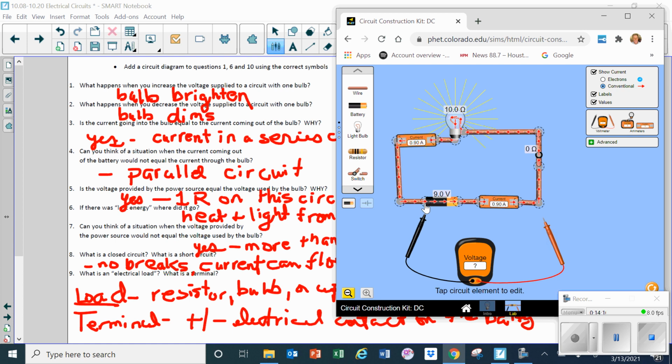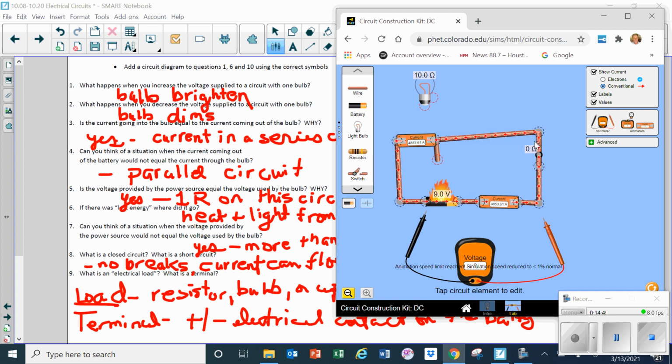Now what's a short? Well, a short is where I have no resistance. So what I'm going to do is detach this bulb and I'm going to have this circuit. And you notice what happens. When I take out the resistor, I have heat, and notice the current that's generated, 4,854 amps.